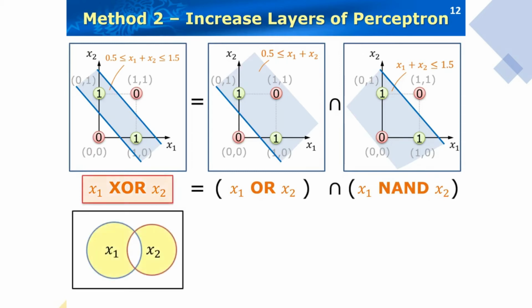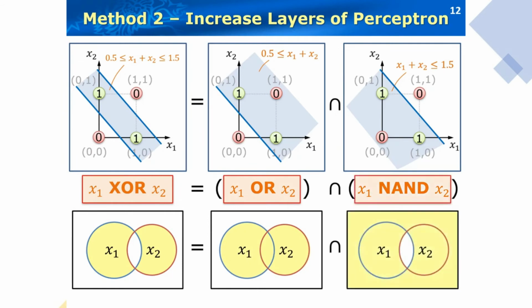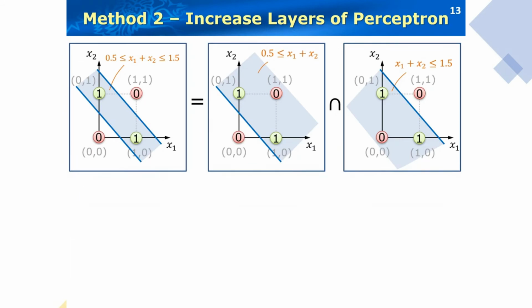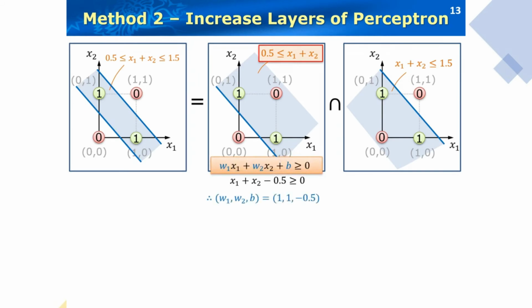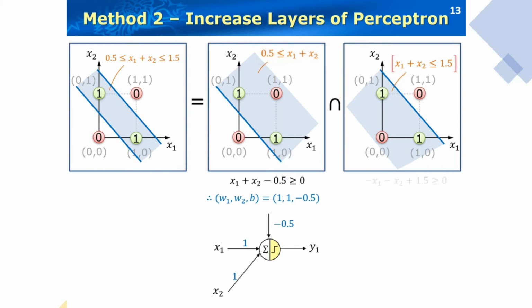Now let's first take a look at the OR gate with decision boundary. It can be written as x1 plus x2 minus 0.5 greater than or equal to 0. Comparing this with the standard form, we can get the weights and bias, which is a triple 1, 1, minus 0.5. This corresponds to the following perceptron for the OR gate.